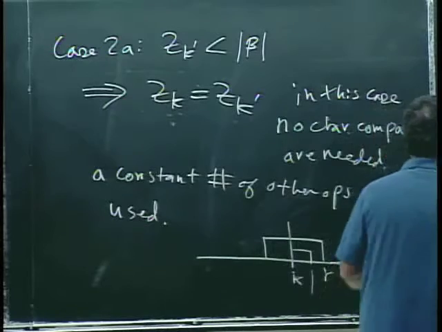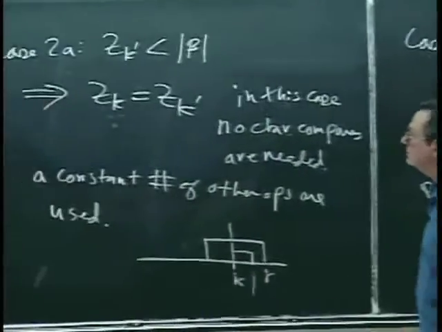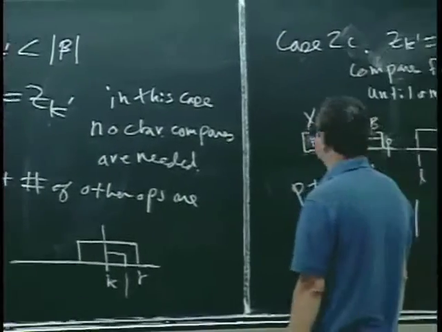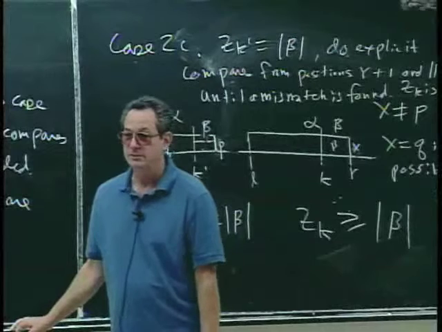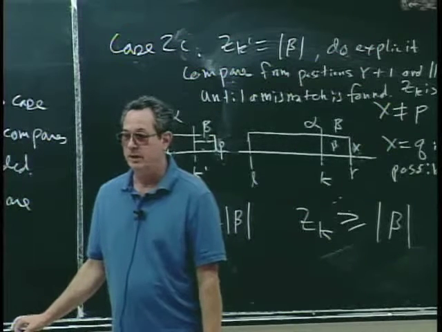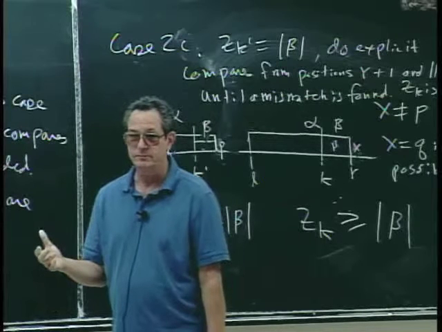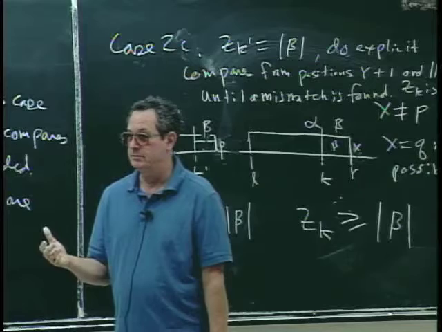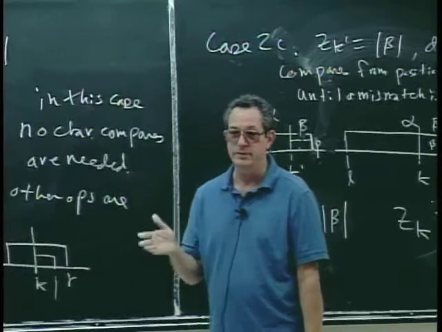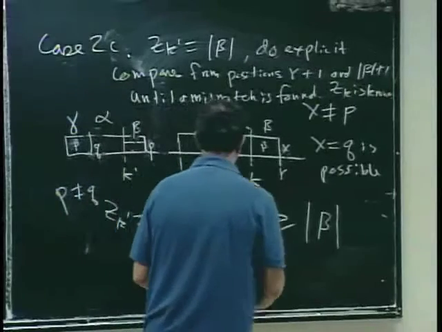What happens in the case 2B? 2B got erased. Oops. Anyway, what happens in 2B? Remember, in that case, ZK was equal to the length of beta. What happened to R? Nothing. Right. It stays the same. What happens in the case 2C? What happens to R?